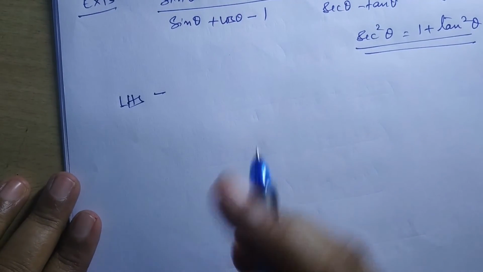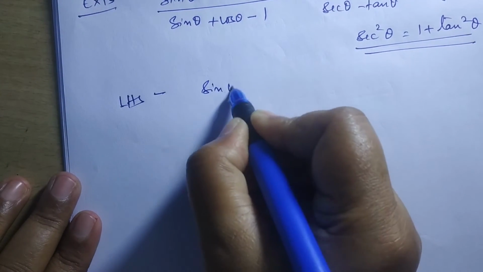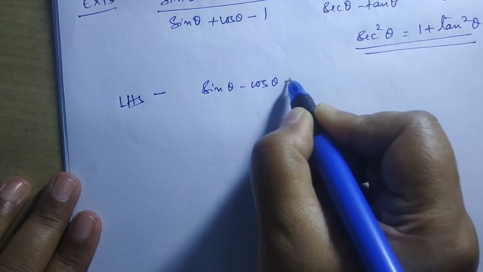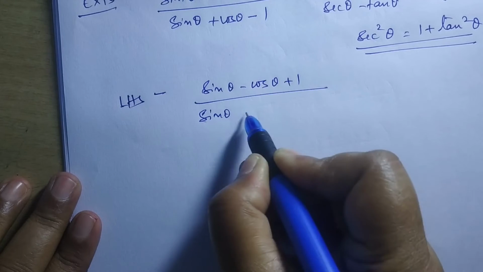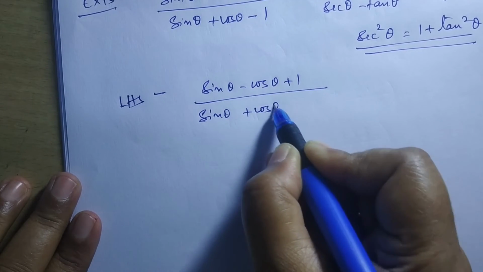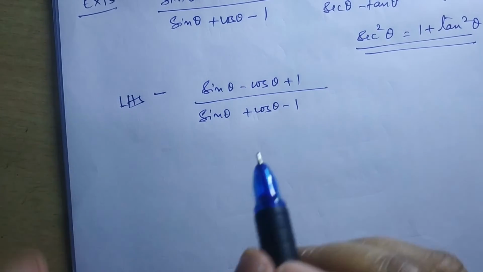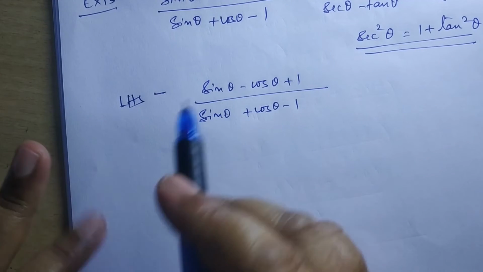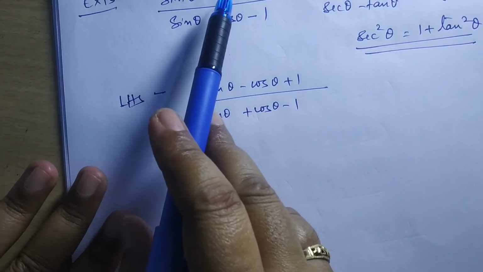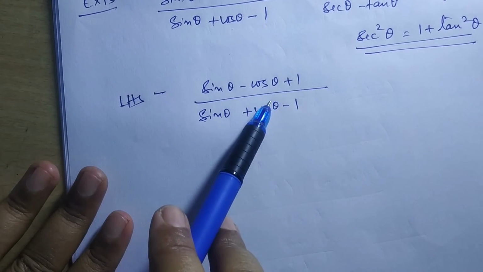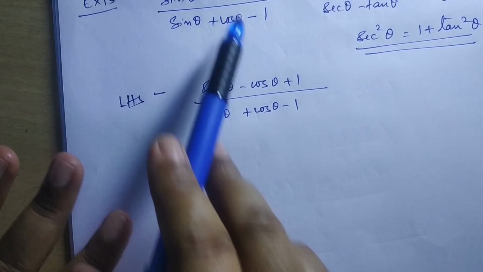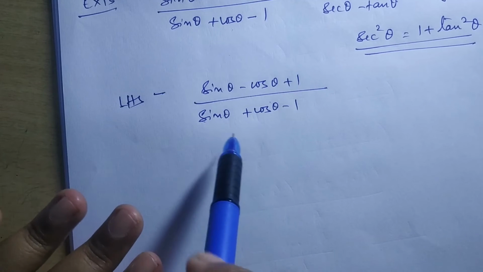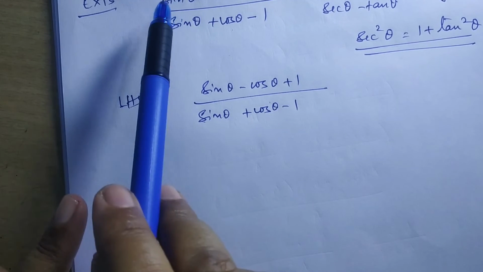Now I am writing it. Sin theta minus cos theta plus 1. See, I am writing the way you have to write it in your examination hall. Exactly. Don't miss any steps. When you are writing LHS, you have to write down the question first. It is not for the examiner to go and find the question you are referring to.